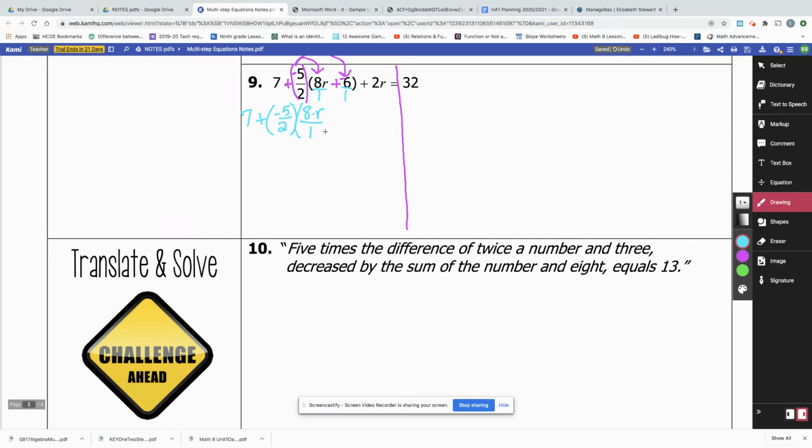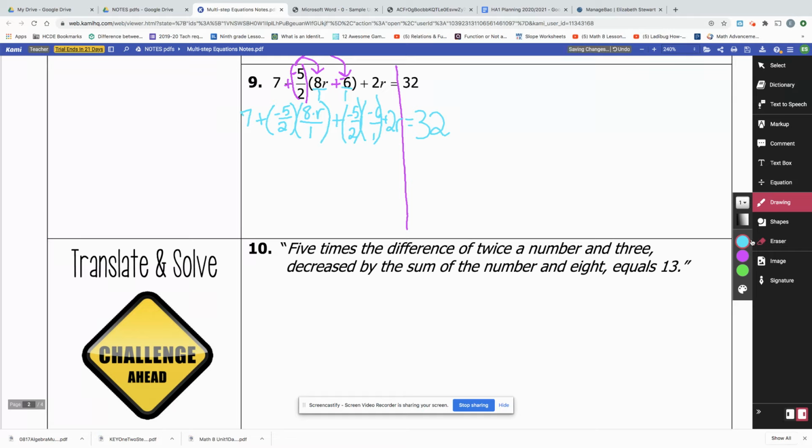So I can take care of that by putting it over 1. Then I'm putting the plus sign. I've still got that negative 5 halves that I need to distribute to that negative 6 divided by 1. Got to get that 2r in there, equals 32.